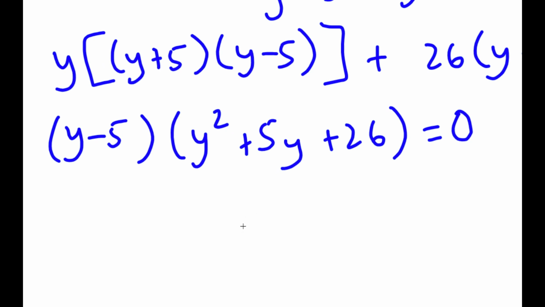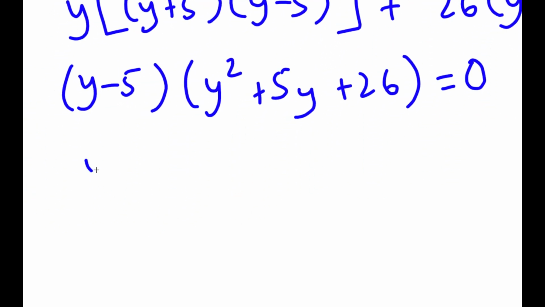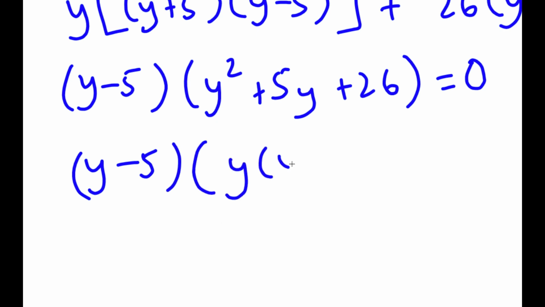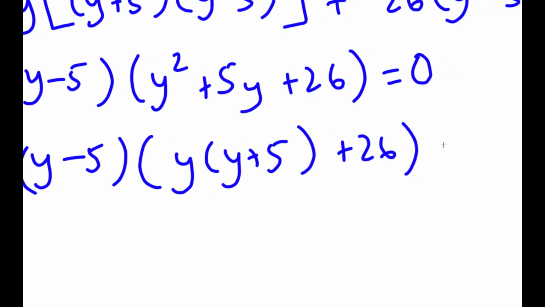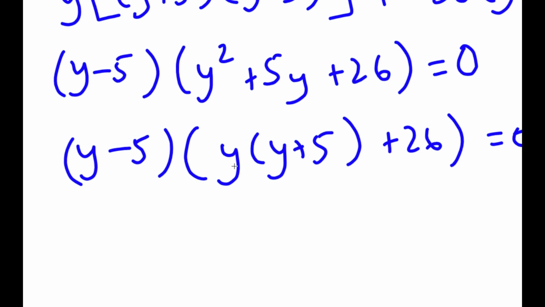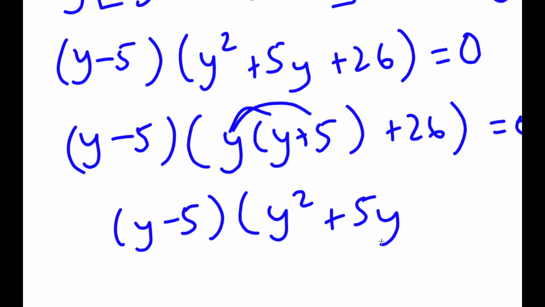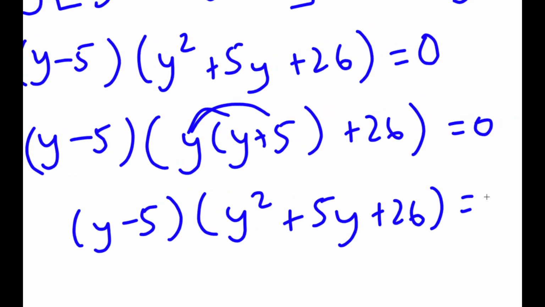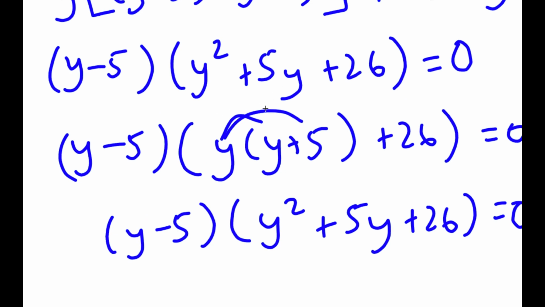And actually, how I got this was, if you first factor out y minus 5, you get y minus 5 times y plus 5 plus 26 is equal to 0. Now, if I distribute the y here, I get y minus 5 times y squared, because y times y is y squared, plus y times 5 is 5y. And then I have my plus 26 here. This is equal to 0. So that's how I got y minus 5 times y squared plus 5y plus 26.